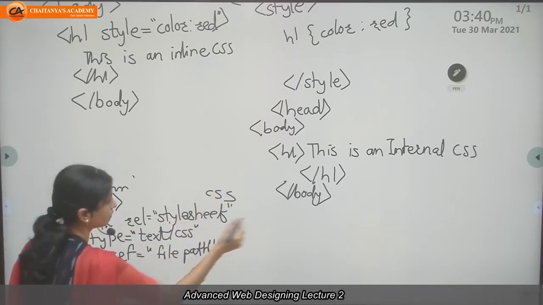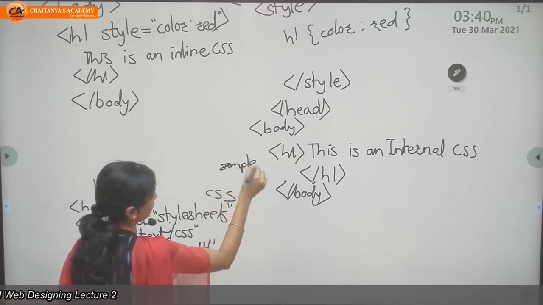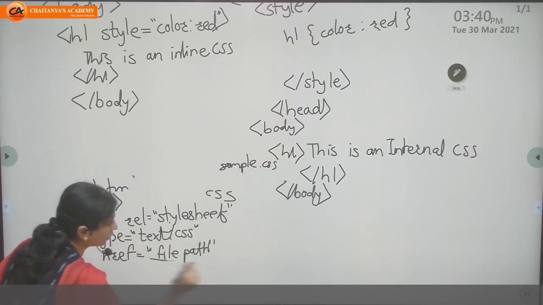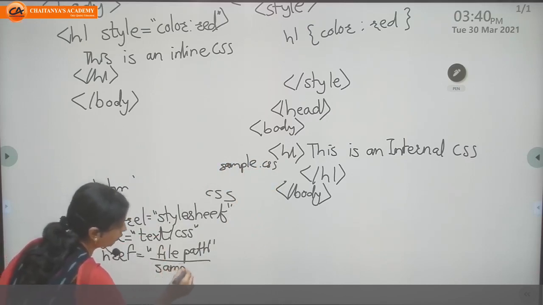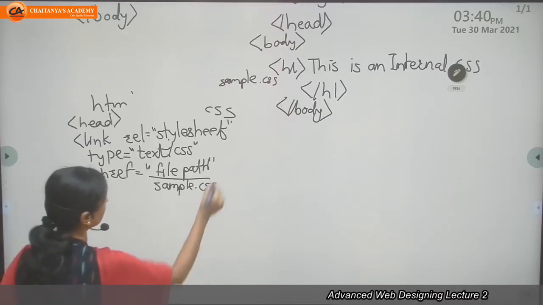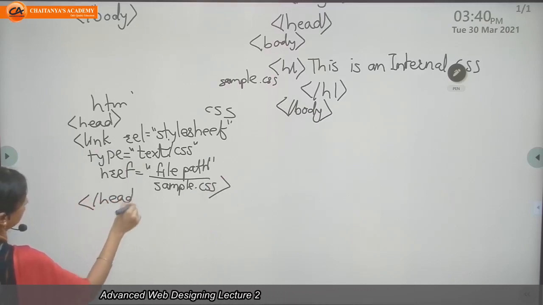For example, I save the file as sample.css. Then I have to write here the name of that file, that is sample.css, in the link tag. Then end of the head tag.